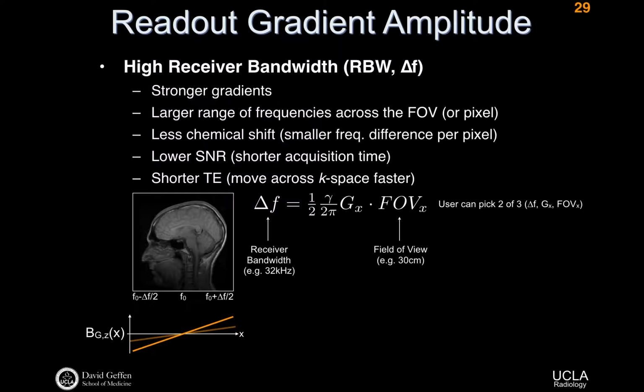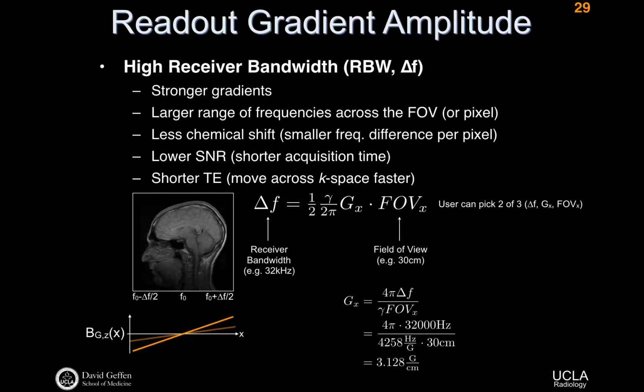It depends a little bit on the manufacturers and how they specify these things, but it's in that ballpark for sure. And then of course we pick our field of view, right? That's something that we always have as a design criterion. And because there are direct implications of how you pick your receiver bandwidth, this is always the parameter that's freely available to be chosen on the scanner. Whereas the third variable would be the gradient strength. We're going to pick that and calculate it.